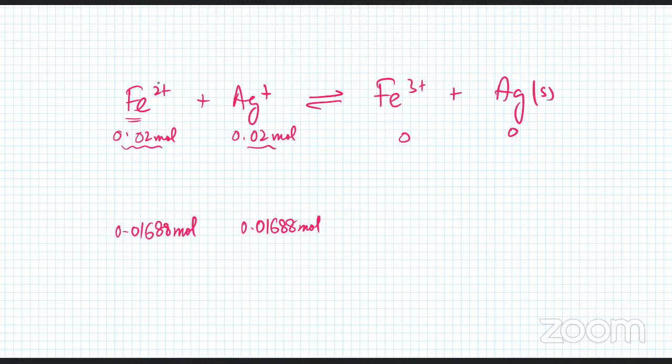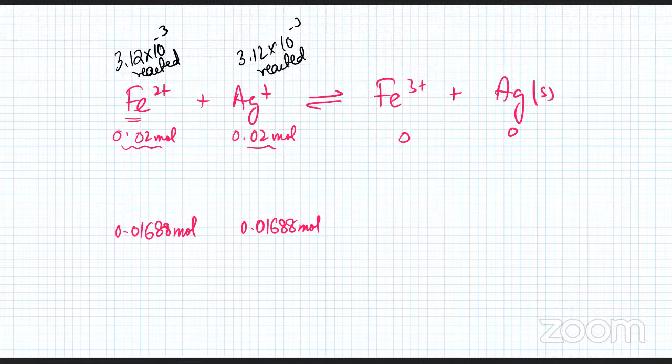3.12 into 10 to the power minus 3. So this would be 3.12 times 10 to the power minus 3. This is the amount that is reacting, right?